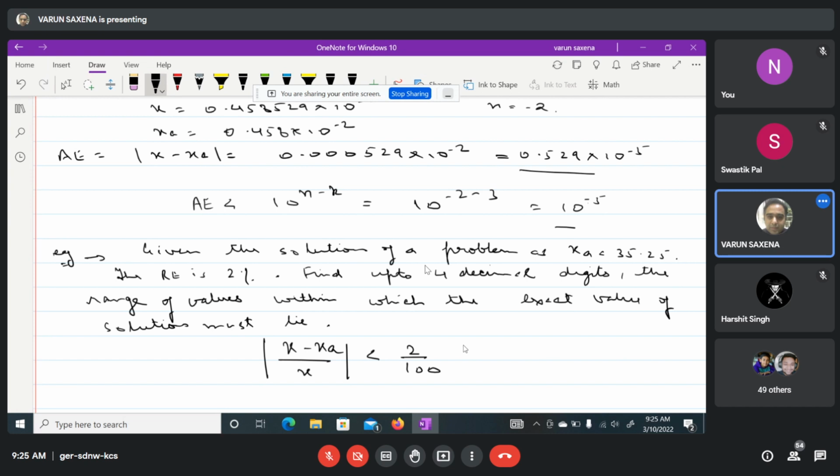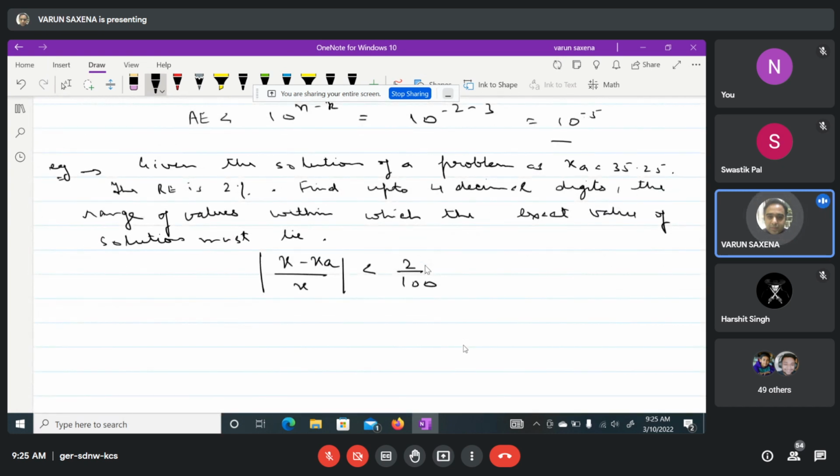If you remove the mod sign, you get minus 2 by 100 less than or equal to (x minus xa) over x, less than or equal to 2 by 100. So you just need to solve this equation now. xa is given to be 35.25. So you will solve them two at a time.